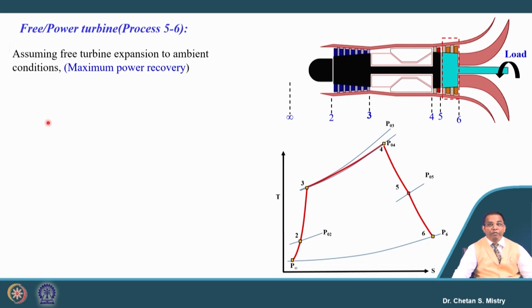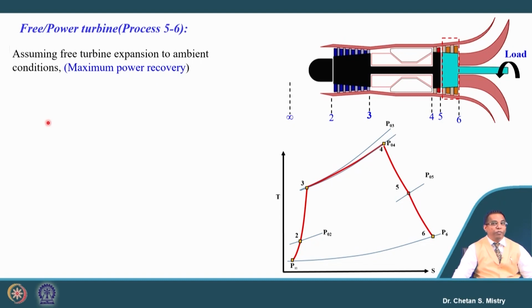Our requirement was mainly to have thrust as well as power. If I am talking about the turbofan engine, the whole purpose is to generate thrust. That's the reason why the nozzle comes into the picture. If I am talking about the turbojet engine, there also our purpose is to generate thrust, and that's where you need to have the nozzle.